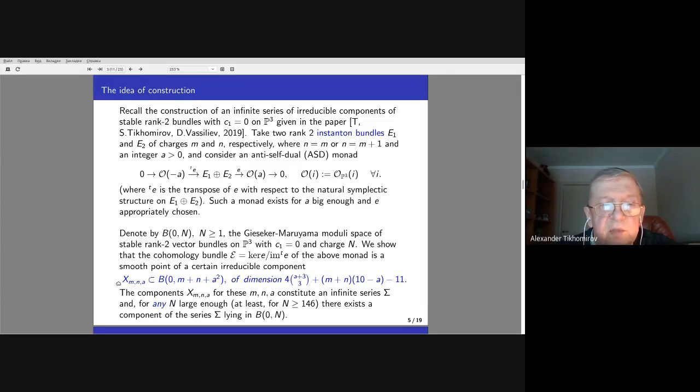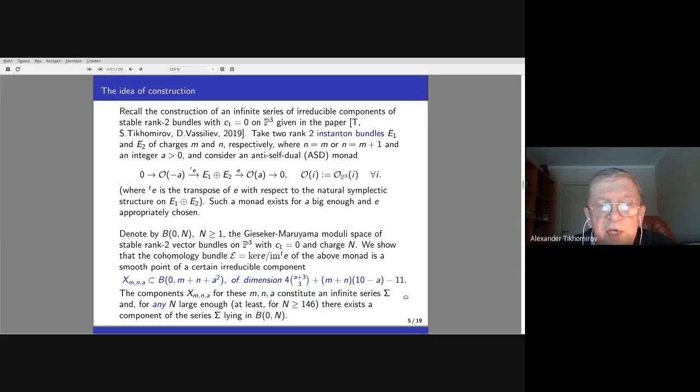Let me denote this component by X(m,n,a), in the space of bundles with c1 equal to 0 and charge m plus n plus a squared. It has the dimension given by this formula.